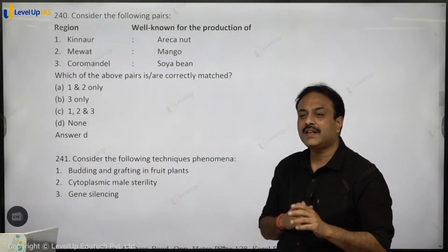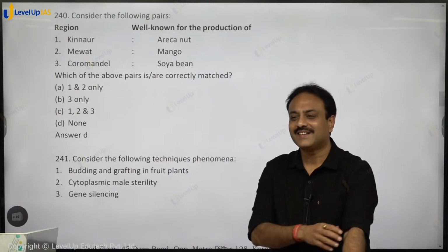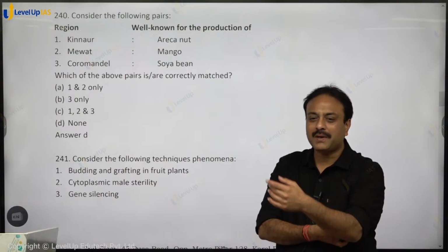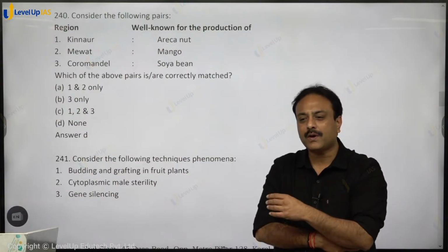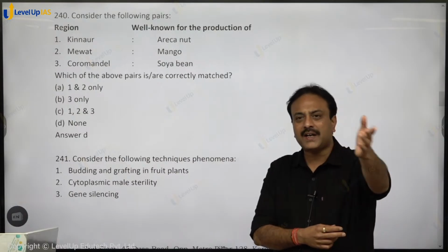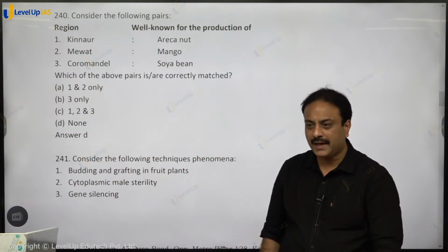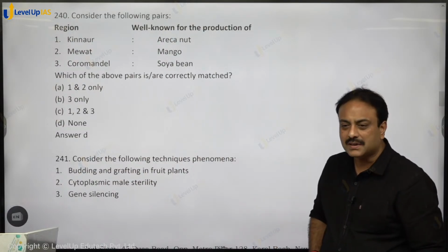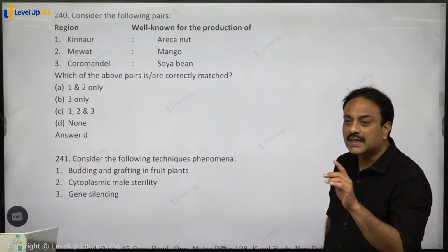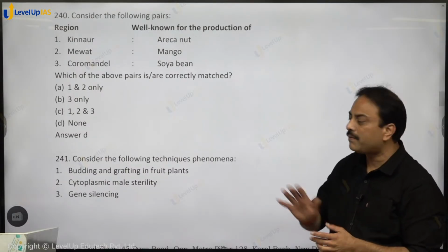Kinnor. Where is Kinnor? Kinnor is in Himachal Pradesh. Ahead of Shimla, you can go from Shimla, you can go to Lahaul Spiti also. Kinnor is famous for apples. You will find Kinnor apples in the markets of Delhi, right? So Kinnor is famous for apples. Kinnor also has a tribe called Kinnoris, a tribe of Himachal Pradesh, named after Kinnor.